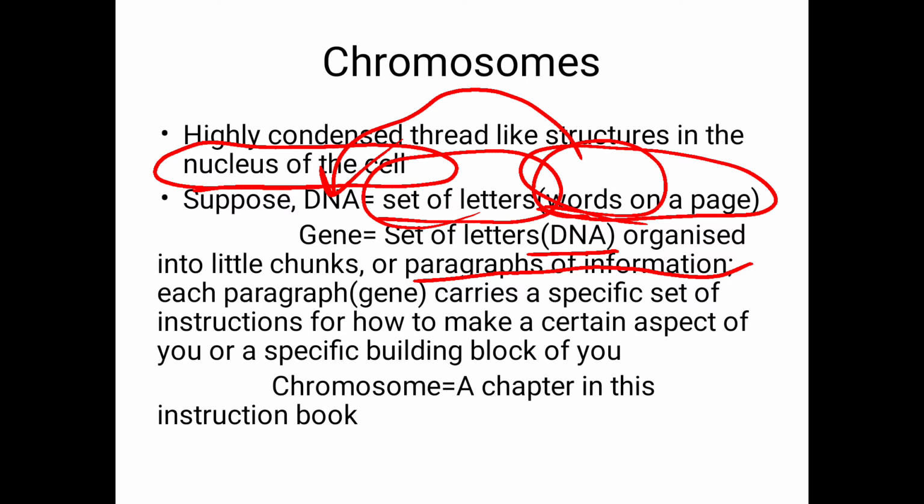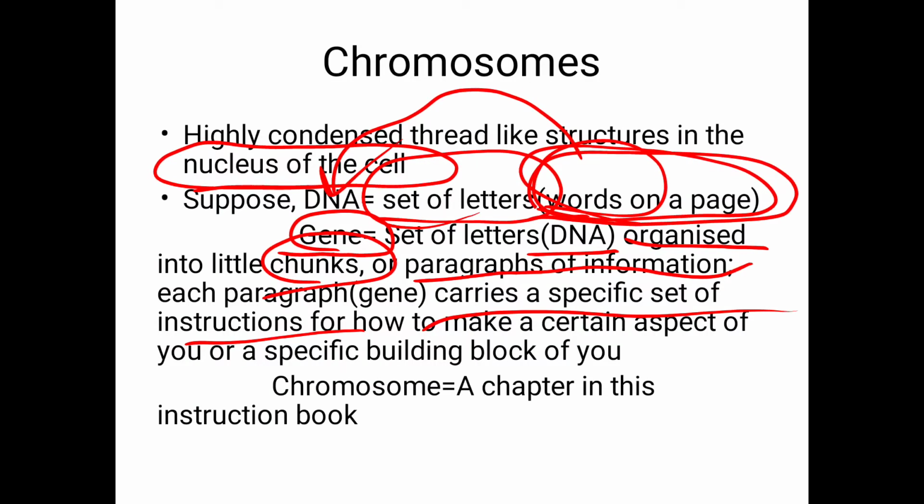In a book, there are words, and when those words are arranged into paragraphs of information carrying a specific set of instructions of how to make a certain aspect of our bodies, those little chunks or paragraphs can be called a gene. So a gene is a paragraph consisting of organized words on the page.